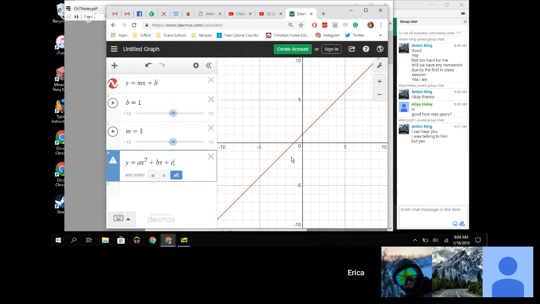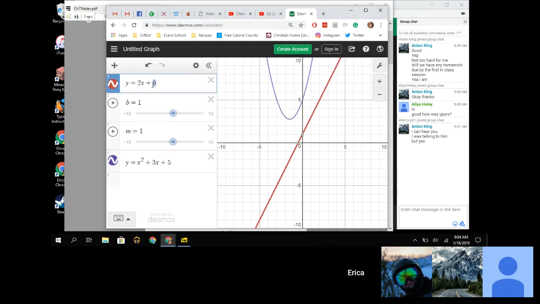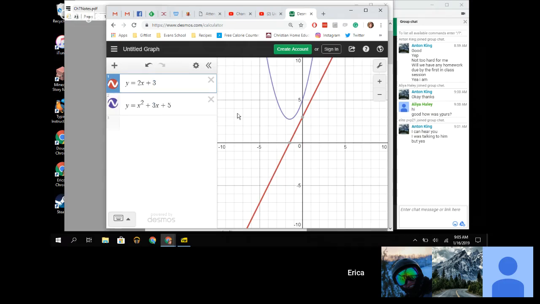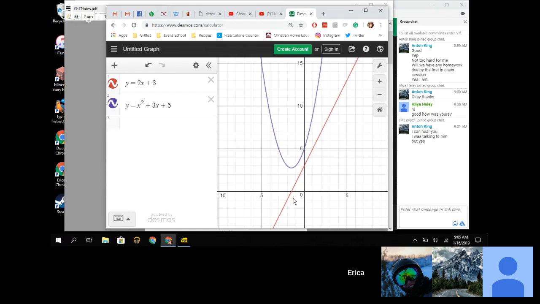I'm going to go ahead and put in some numbers here, 3 and 5, let's say, so that we have something that looks like a quadratic function. So these are the two functions that we've learned about so far. We have a linear function, and in purple we have a quadratic function.